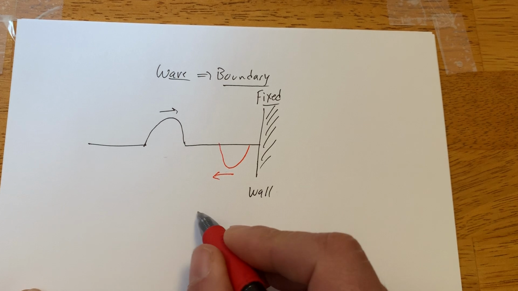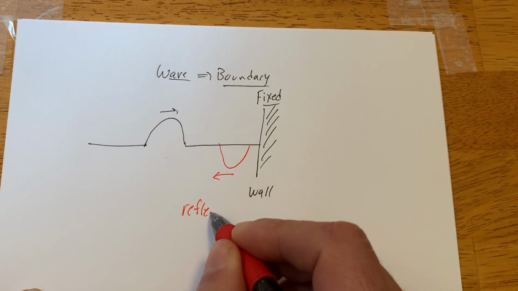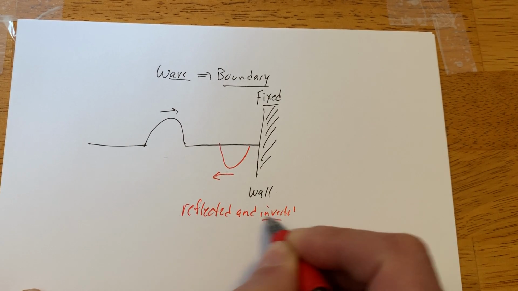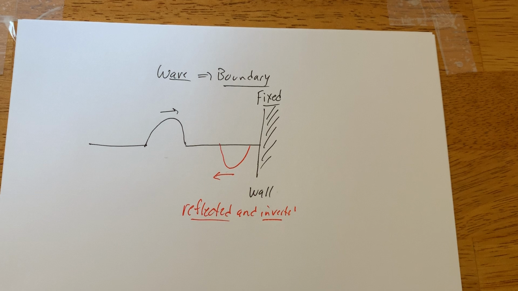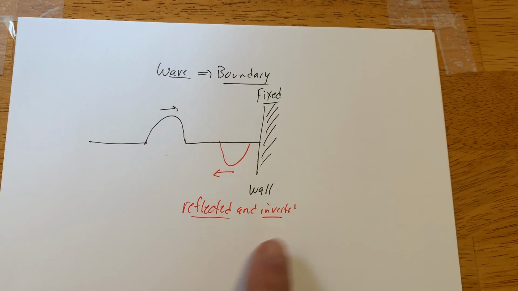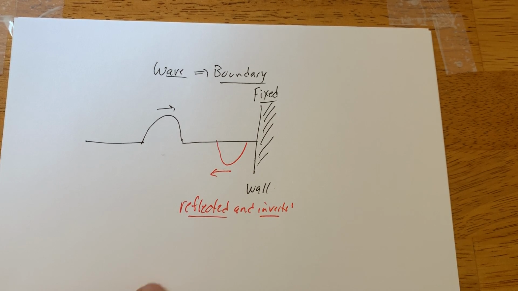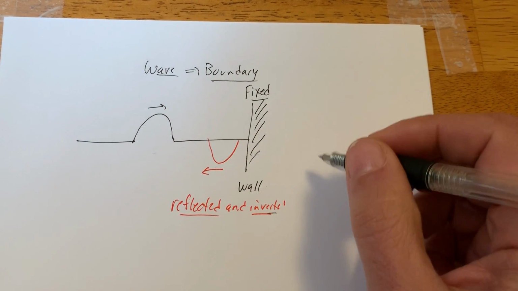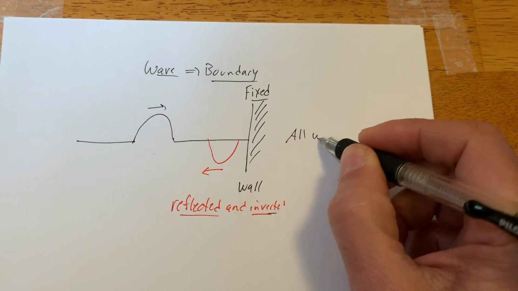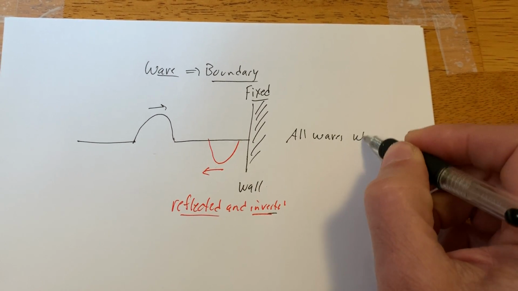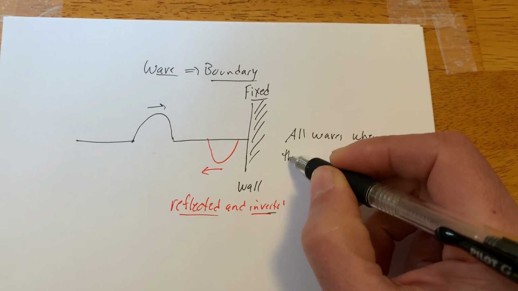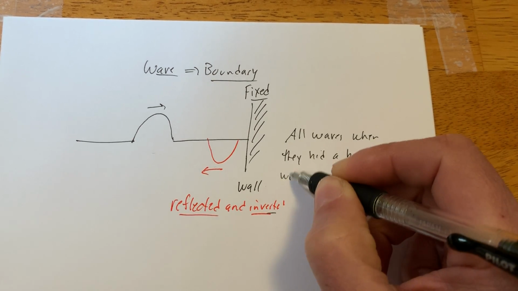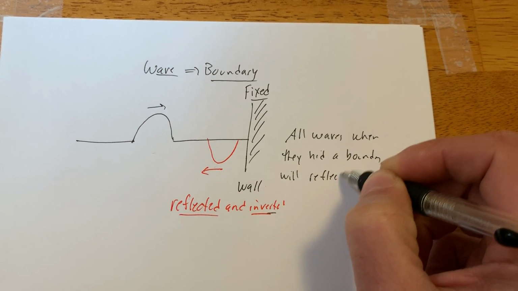So in this particular case, the wave is reflected and inverted. Not that you need to worry about it too much, but I'm just going to give you the basics. So in this particular case, we do, in fact, get a reflection. Here's one of our standard little laws, or things that we all observe: all waves, when they hit a boundary, will reflect.